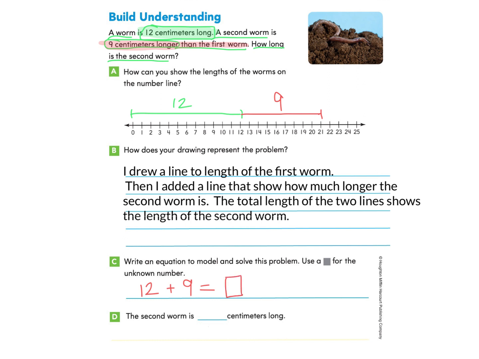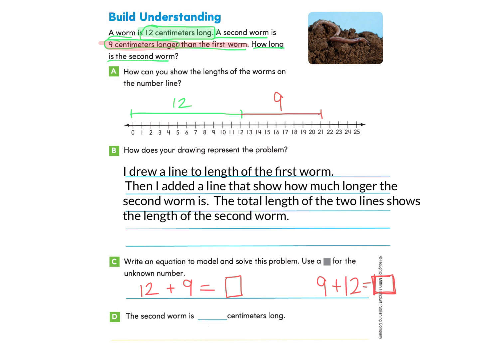Another way we could write that is we could also say that there was 9 plus 12, and that gave us an unknown number as well. So just know that you could go that way too, 9 plus 12. This is the same length if you add 12 plus 9 or 9 plus 12.